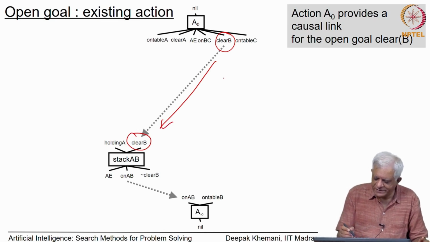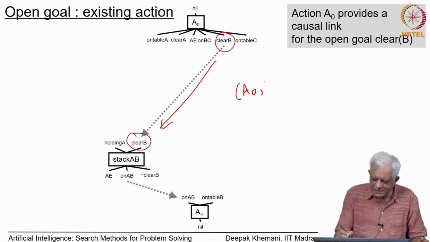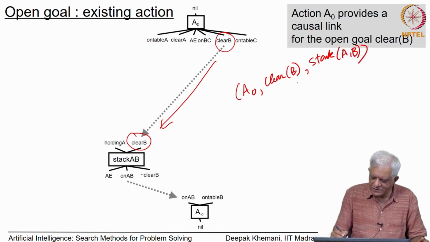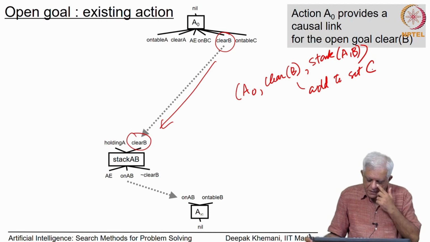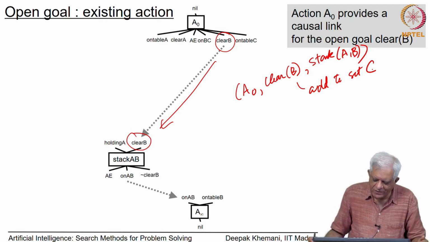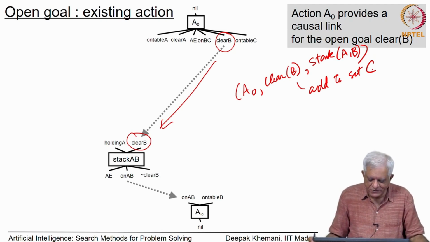It would be added to the plan by saying that this triple, A0 produces clear B and stack A B consumes clear B, is added to the set which we call C essentially. So, we add this, and as we have been saying, we will also add an ordering link between these two actions.